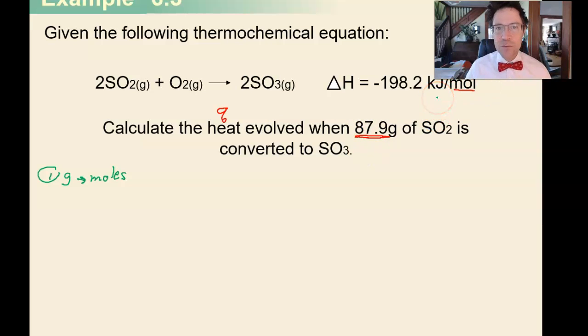I've got to get everything in the same units, and the units of chemistry are moles. And then once I have moles of SO2, what am I starting with, I'm going to convert that to kilojoules. So for this, I'm going to use the GFM, and for this, I'm going to use delta H. So that there is my plan.